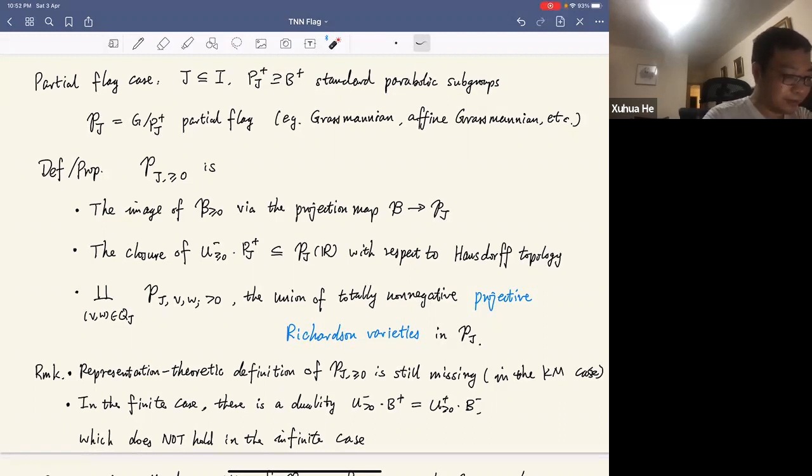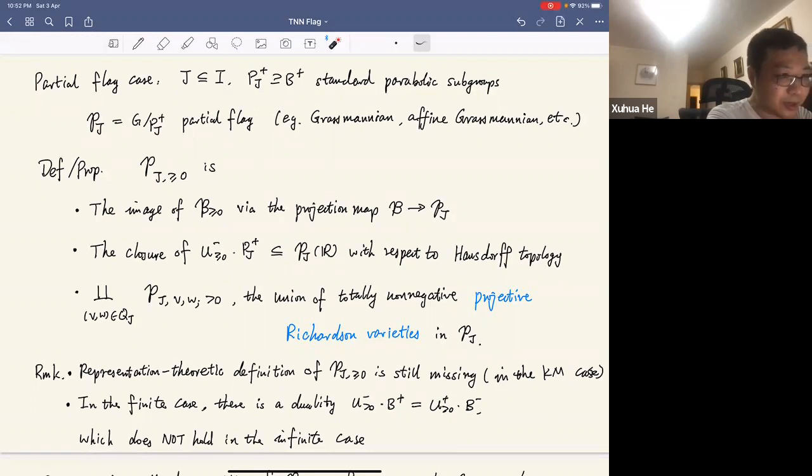Another thing I want to mention is that in the finite case, there is indeed a duality. As I mentioned, in the finite case we have these two Borel subgroups, B plus and B minus, and they are conjugate.